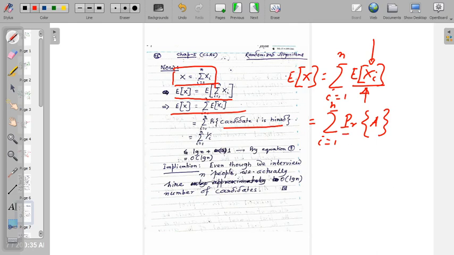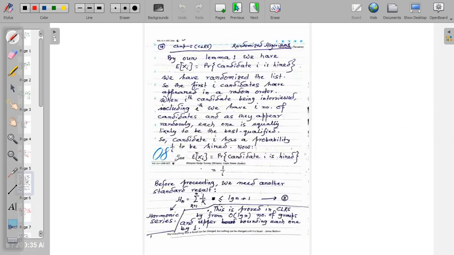Now we have to find out, for our coin flip experiment, we found that the probability of event A happening is half. But for this hiring assistant case, what is this probability? For this, you have to remember that when the CDC cell or NIT Durgapur gives Google this list, Google randomizes the list.